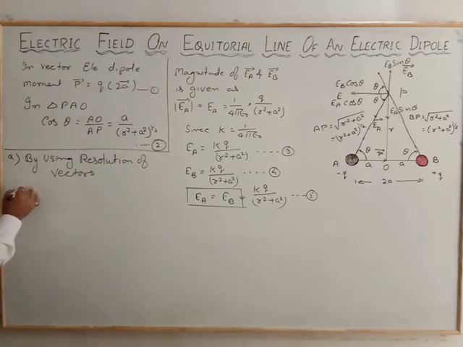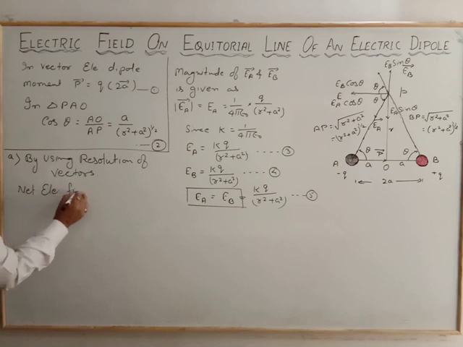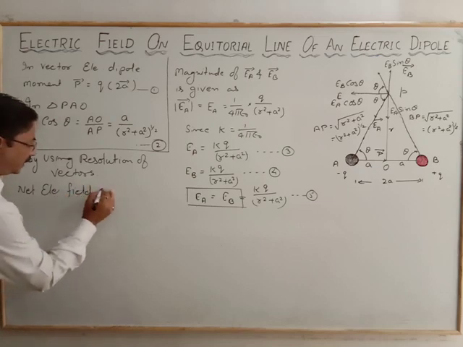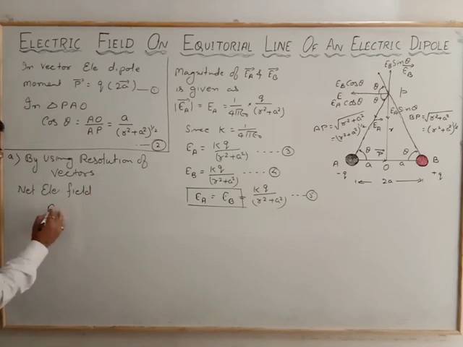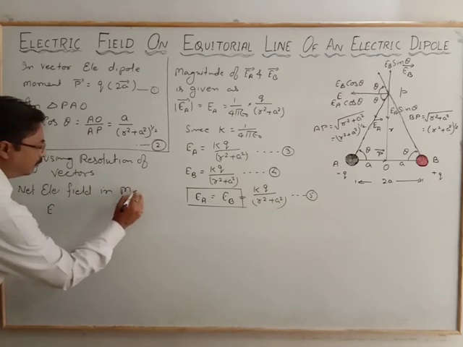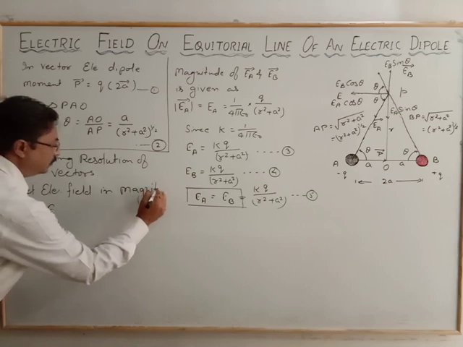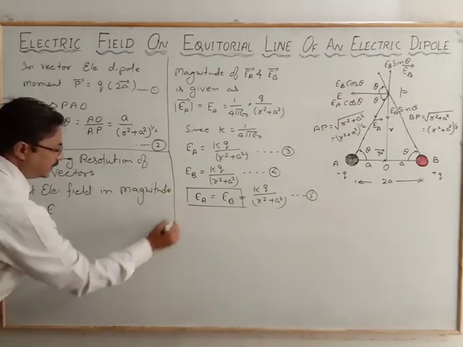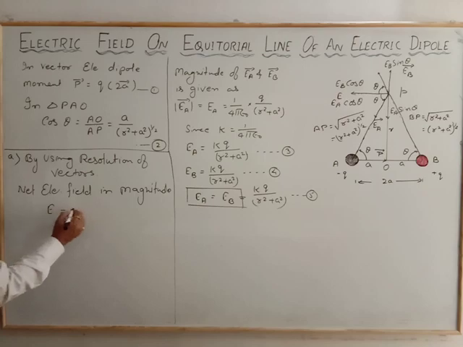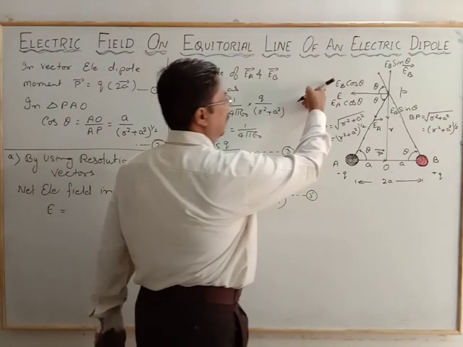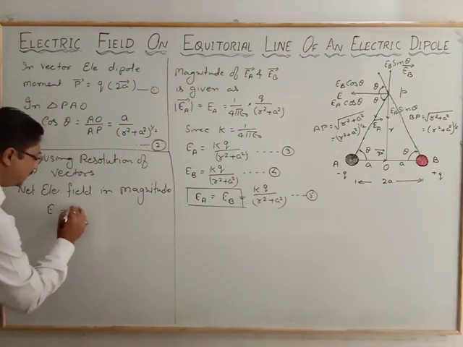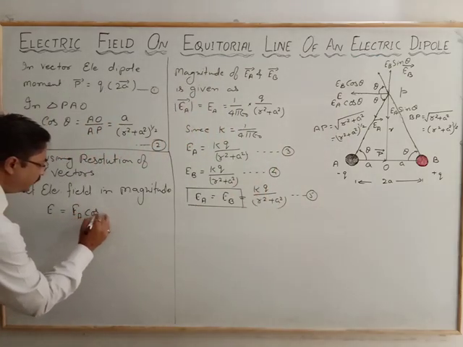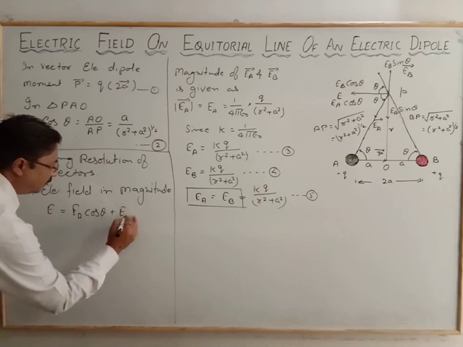So the net electric field E in magnitude is equal to EA cos theta plus EB cos theta.